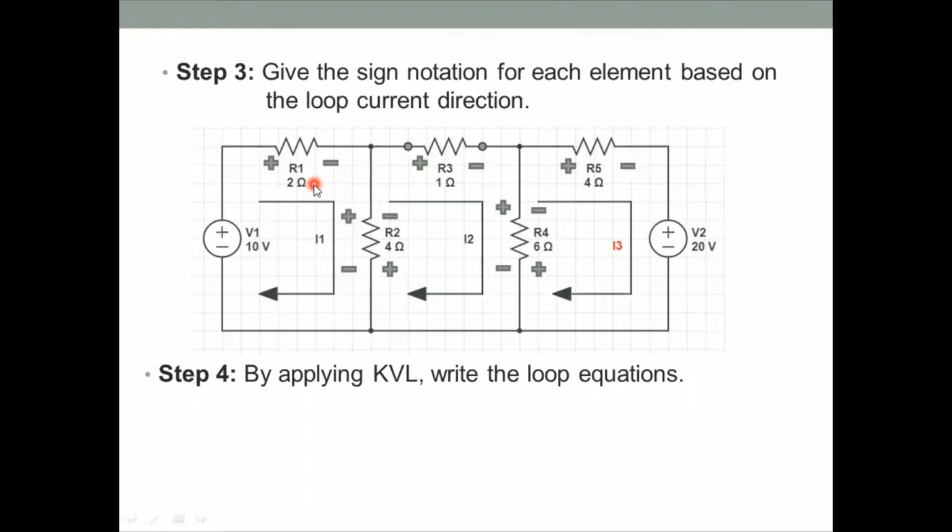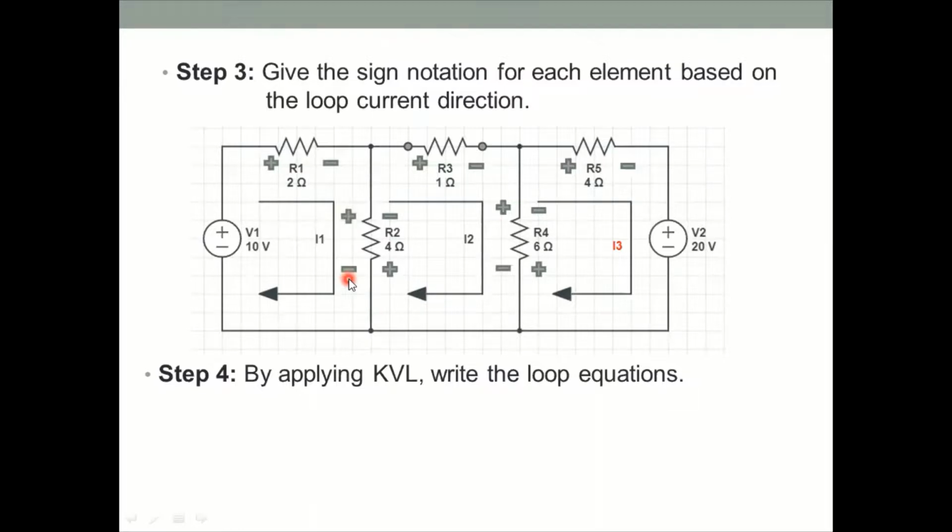Therefore, we can write the drop across R1 as minus 2 into I1, where minus indicates that the current is flowing from positive to negative. Next, if we observe the R2 resistor, here also the current is flowing from positive to negative, so we are going to give the sign as minus.